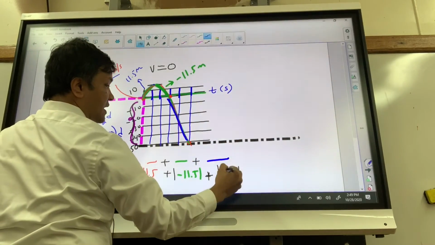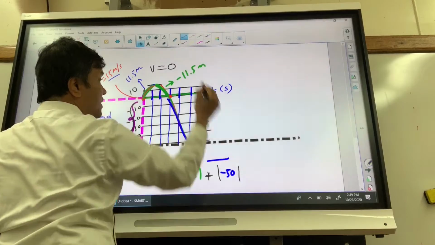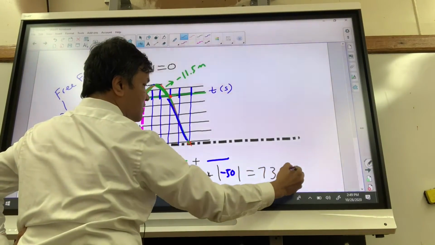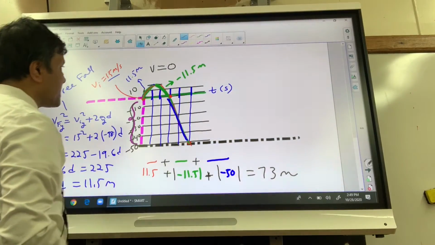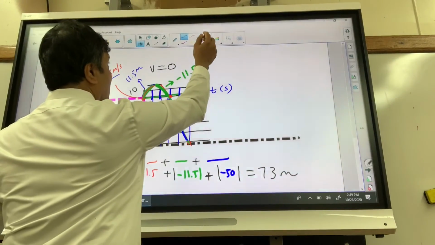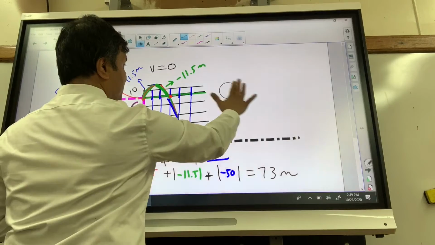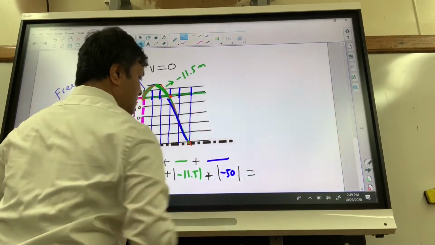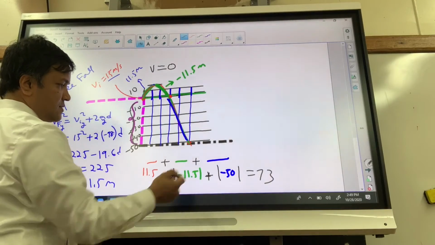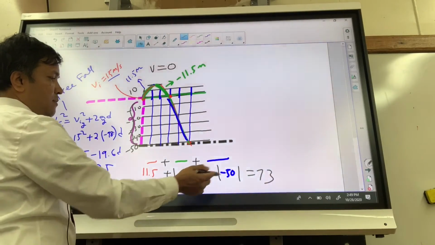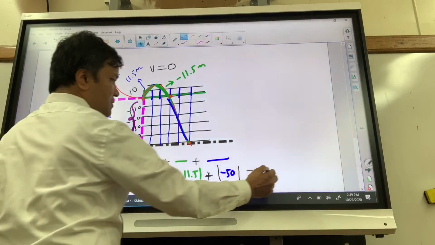If you calculate them, you get 73 meters. 23 plus 50 is 73 meters.